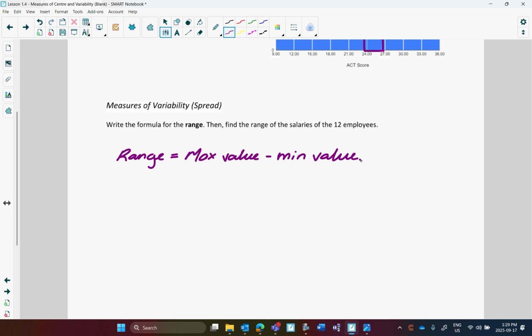So if we go back to our first page where they're listed in order for us, the max value is 185 minus the min value of 29 gives me a range of 156, which translates to, because we need units again for measures of spread, 156,000.